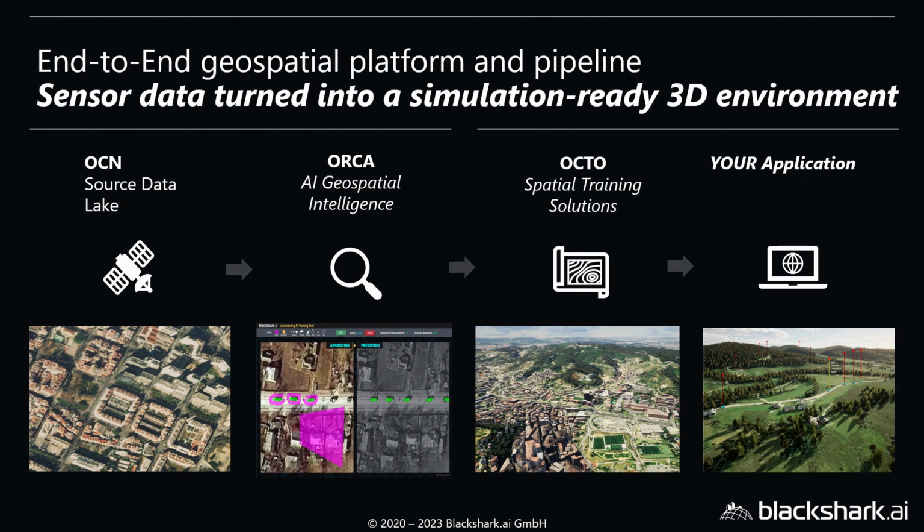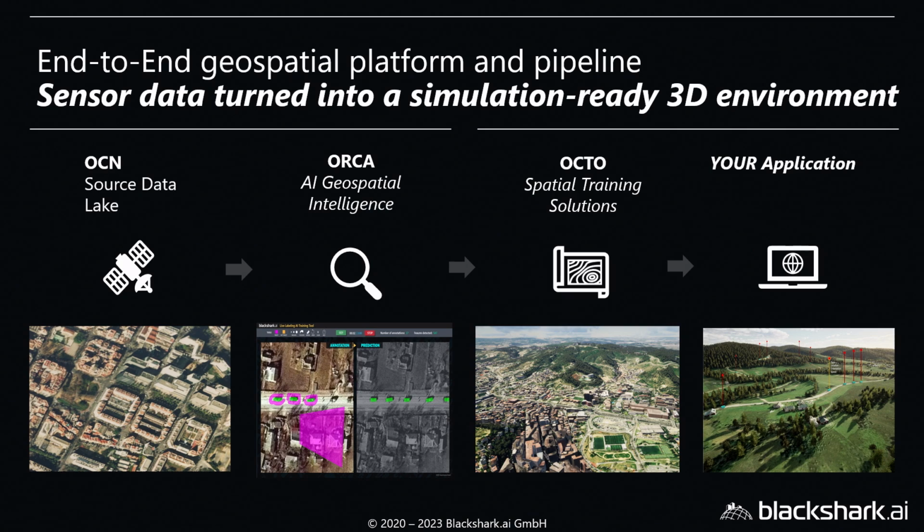And then basically we are streaming in and using all this information to turn it into this photorealistic 3D environment, either within the Unreal plugin, or we can export it in all kinds of formats like OpenUSD, FBX, OBJ, glTF. If you're interested in 3D tiles, we should talk later on as well.